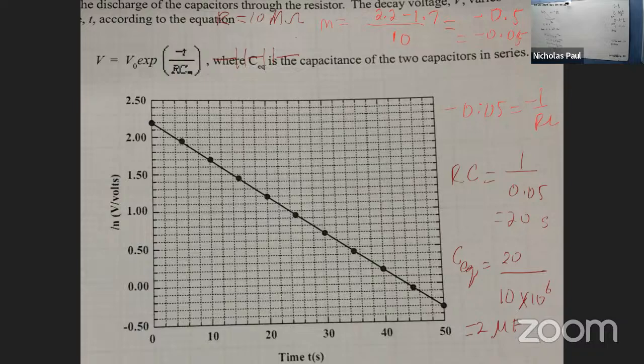That's okay? So now they set the two capacitors in series, find the values for C. We know that the equivalent value, the total, is 2 microfarads.